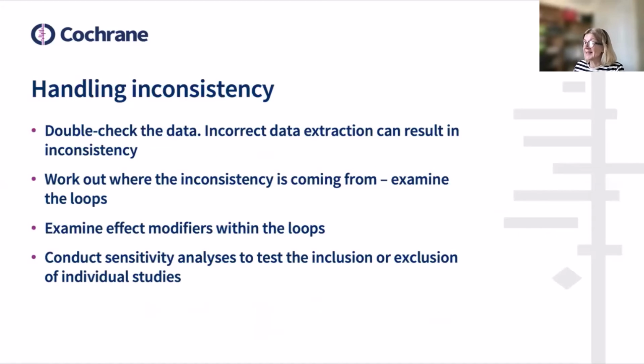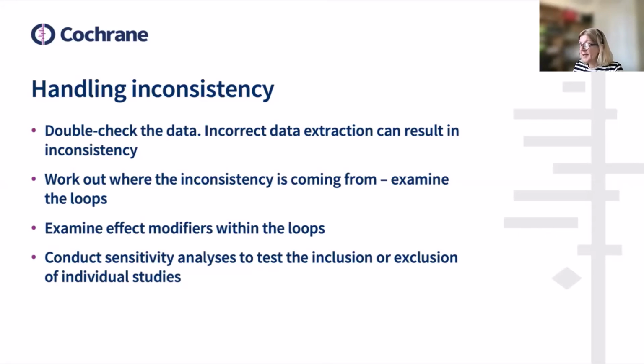So, how do we handle inconsistency in a network meta-analysis? The first step is always to double-check the data, as incorrect data extraction can result in inconsistency. Then you need to work out where the inconsistency is coming from, examining the loops within the networks to see which are contributing to this inconsistency.